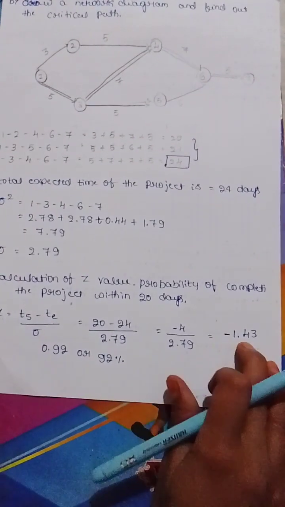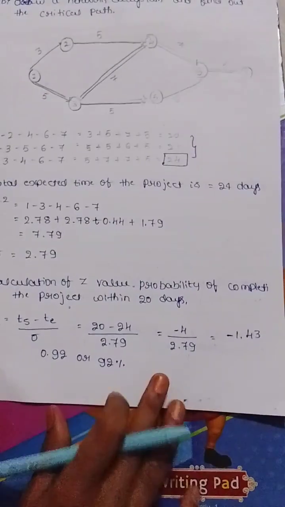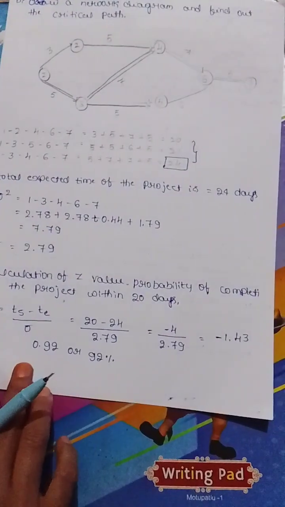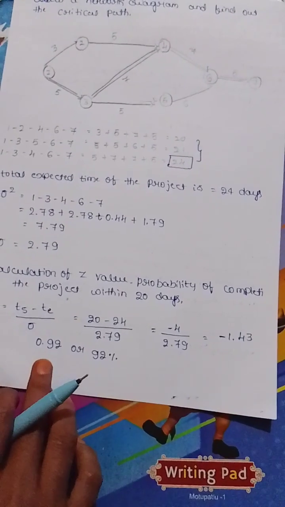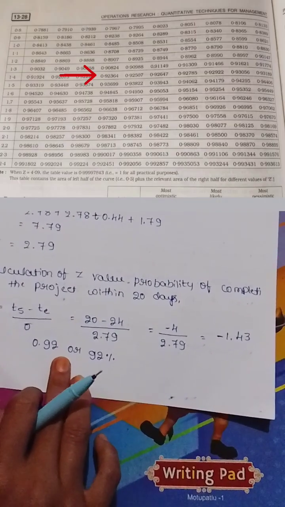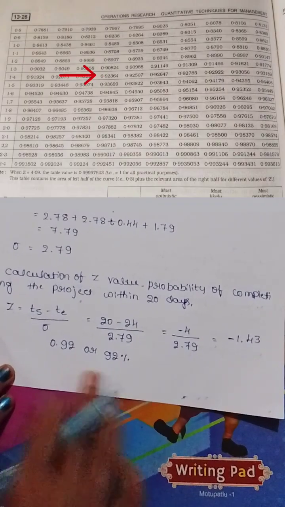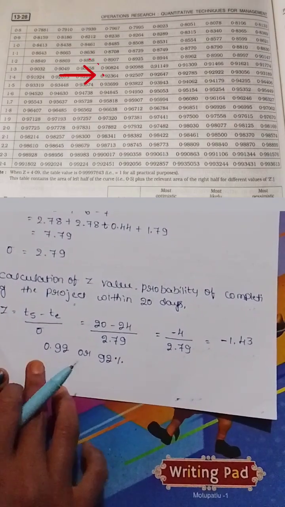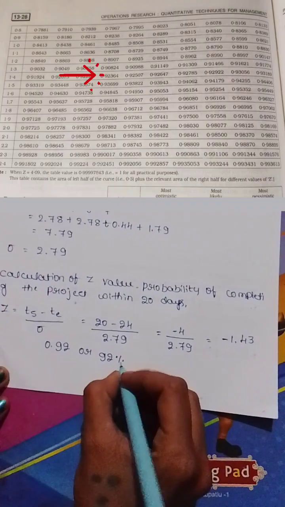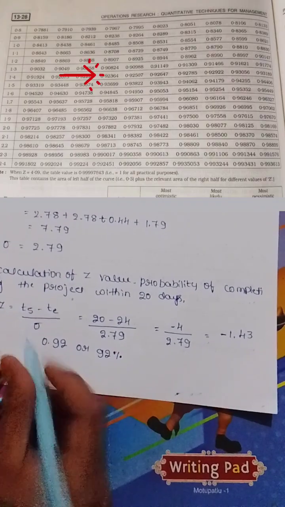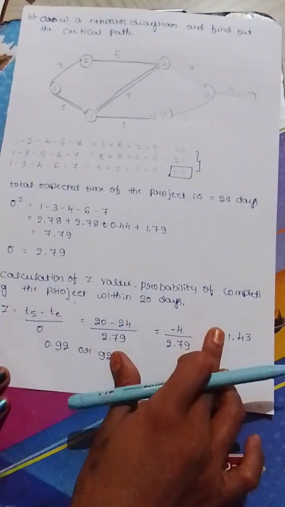We neglect the minus symbol, and in a cumulative normal distribution table, the probability of completing the project is 0.92, or 92% chance of completing the project within 20 days. This is all about a simple problem under the PERT method.